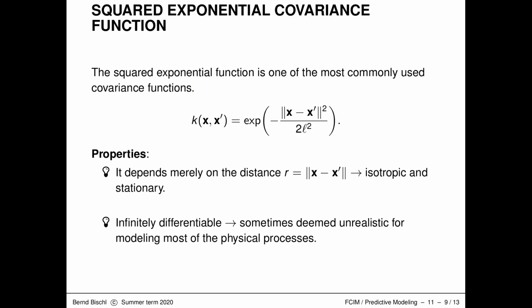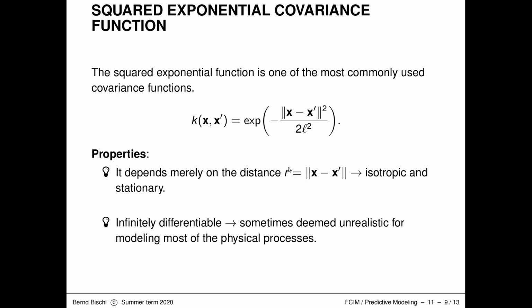What I do want to study more is how this length scale parameter actually influences things and how we can generalize this also to multiple length scales. So again, here's the formula for our squared exponential. We can hopefully now easily see that this formula only depends on the length of the distance between x and x dash.